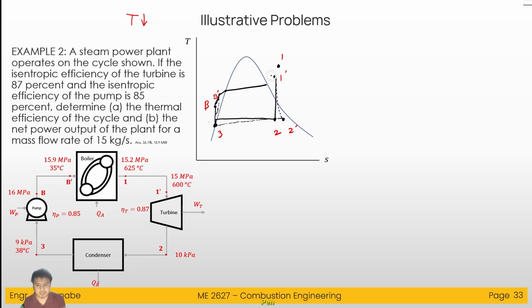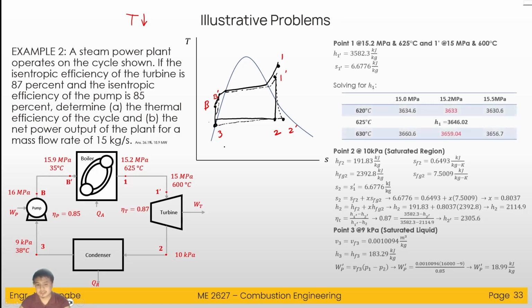So this would be the ideal, but the actual will be a little bit like this. Okay. So we can see already here what the points are. So that will help us in finding the properties listed in the table.